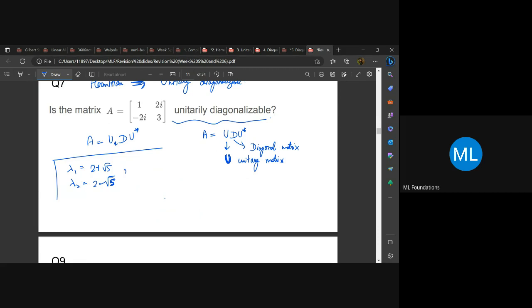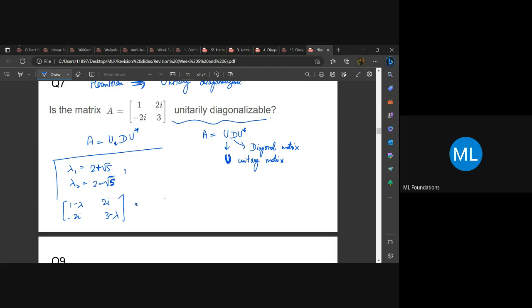After this, we'll start SVD. Okay. Yes, ma'am, let's do this first. So you have 2 plus root 5. Then what do you get? You have 1 minus lambda, 3 minus lambda, 2i, minus 2i.